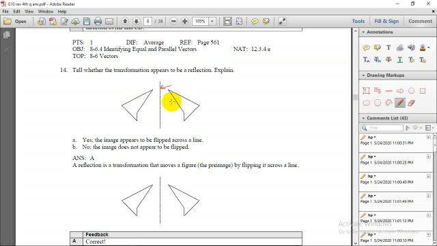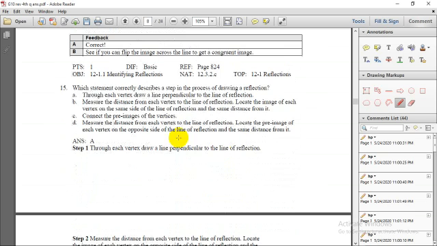So, is this a reflection line, and is the figure flipped across the line? Yes. So this is a reflection. A reflection is a transformation that moves a figure, or the pre-image, by flipping it across a line. Very nice. Let's complete this.